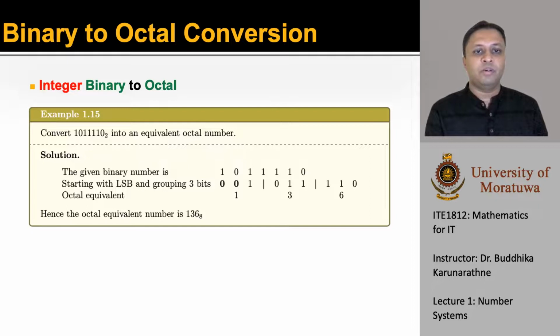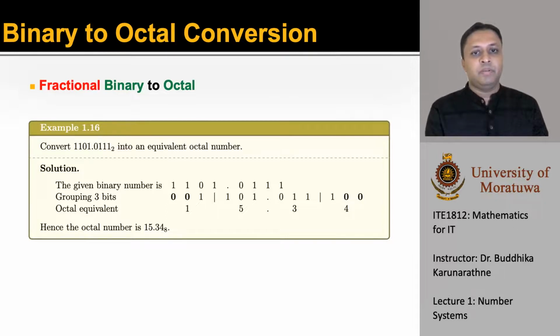So you have the corresponding octal digits 1, 3, 6. You write those together to get the octal number, that is 136 in the octal number system. So that's how you convert an integer binary to an octal number.